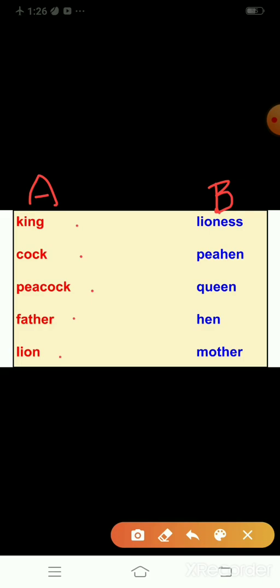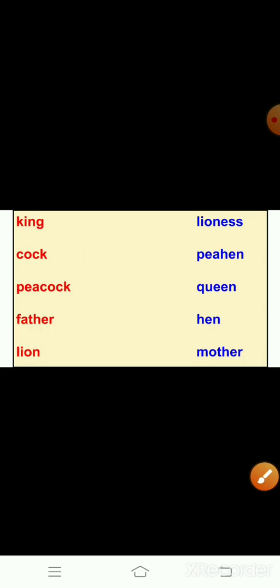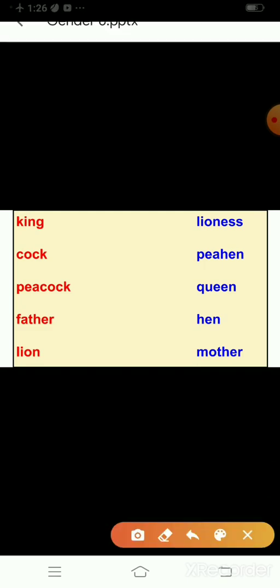And in the B column we have the words lioness, peahen, queen, hen, mother. Okay, so now you will find out the correct feminine gender for the given masculine gender and match it.